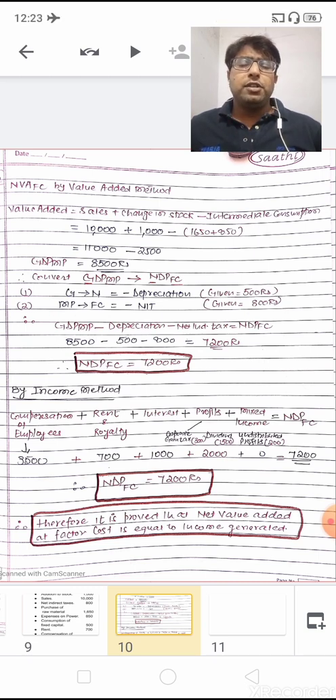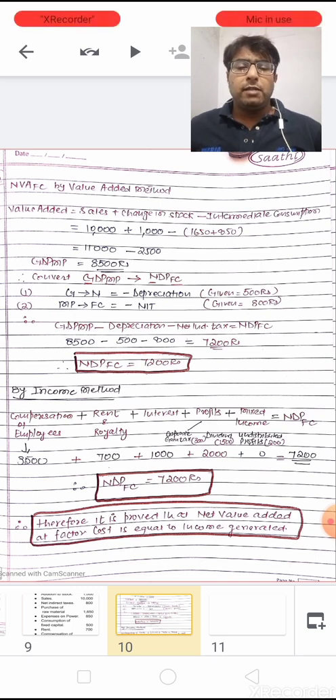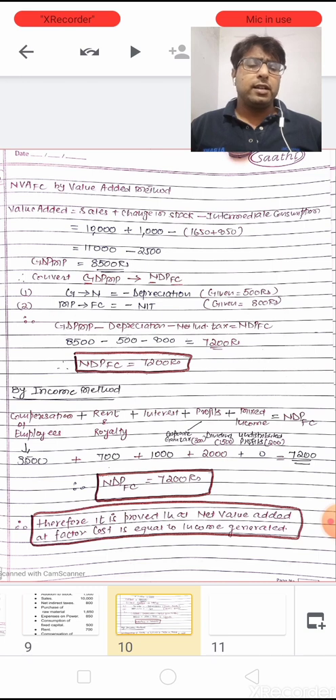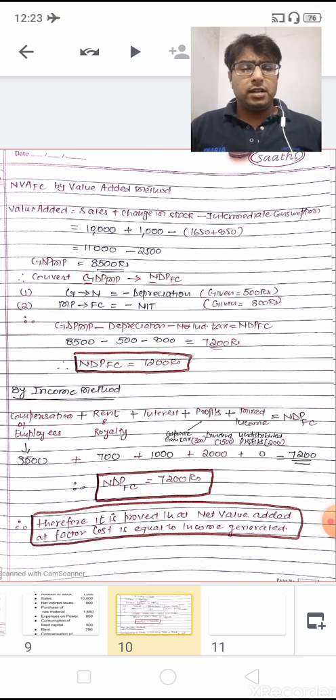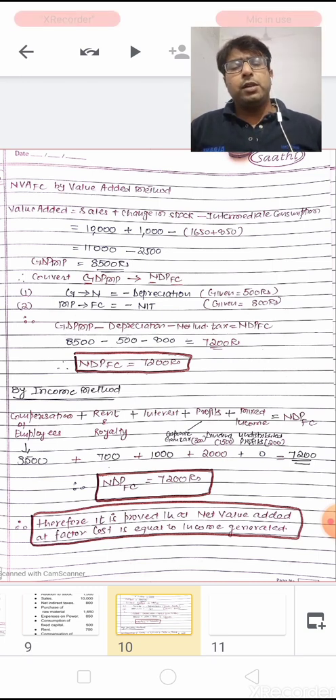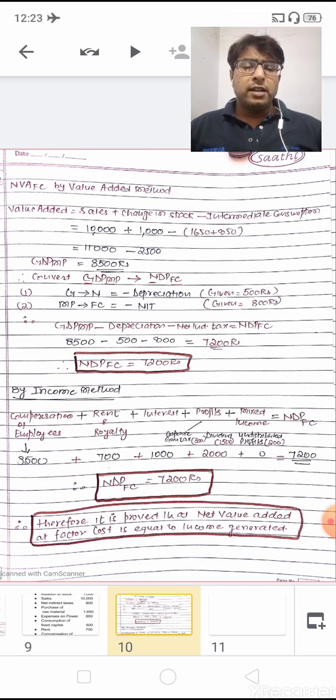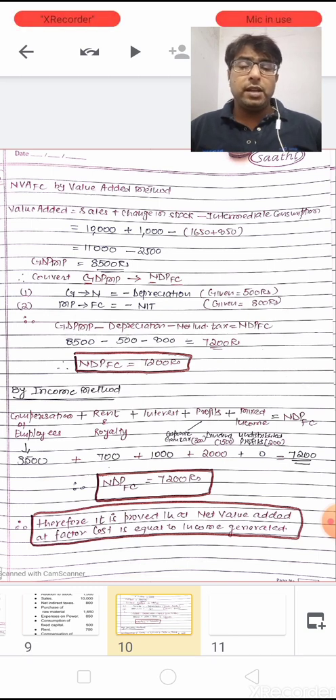Now we are converting GDP-MP to NNP-FC. Gross is to be converted into net, that is why we have to subtract depreciation, and the value given is 500, and market price is to be converted into factor cost, that is why we are subtracting the net indirect tax, which is given as 800. Now GDP-MP minus depreciation minus net indirect tax is equal to NDP-FC.